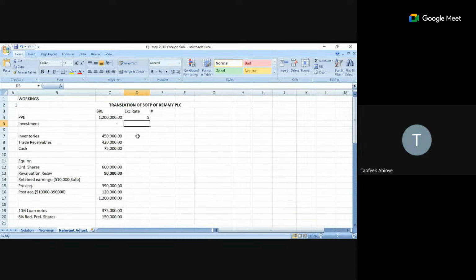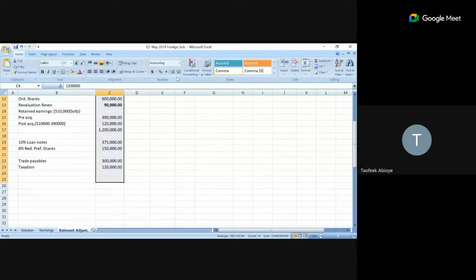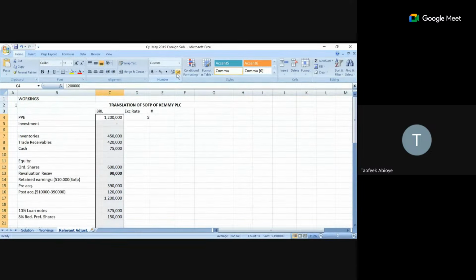We are going to make use of it later. Don't worry. Now, inventory. The inventory of Kemi is 450 BRL, right?